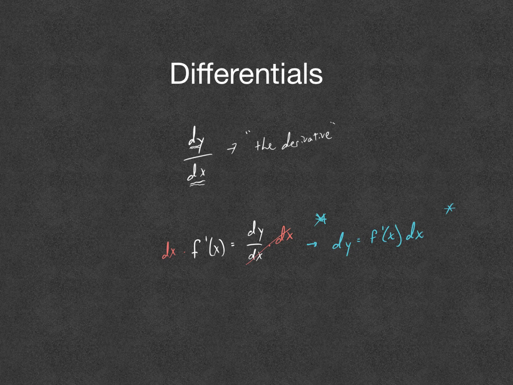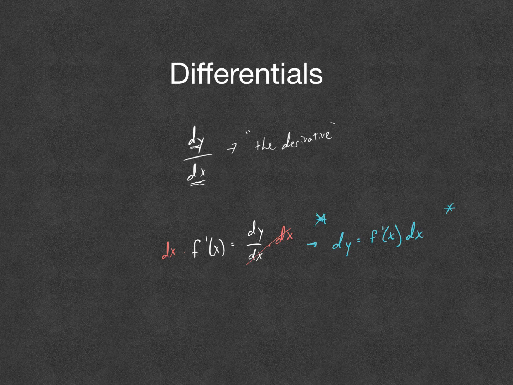And so what it represents, and how it's used, is that a small change in x, this differential dx, times the derivative at some point produces some small change in y. And it makes more sense in some application problems.